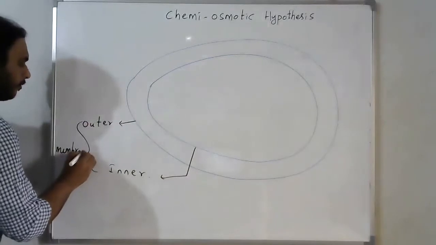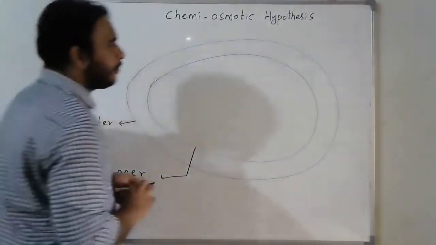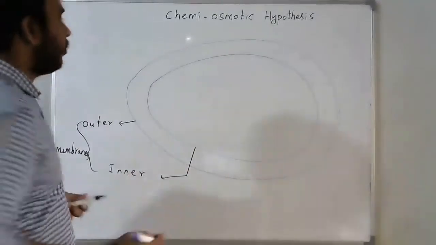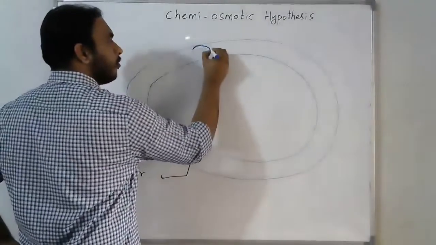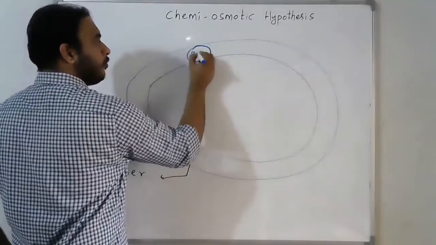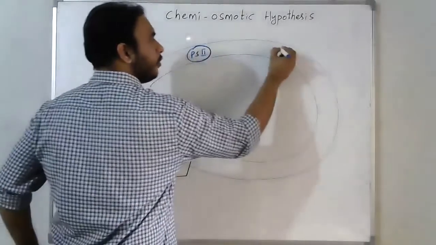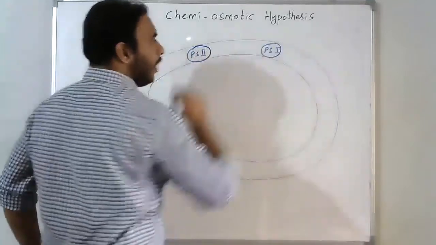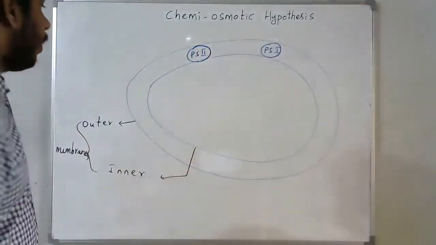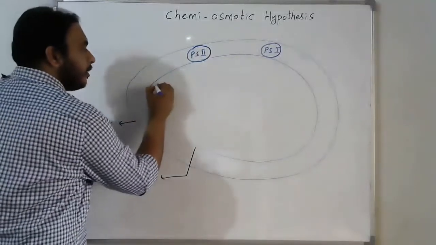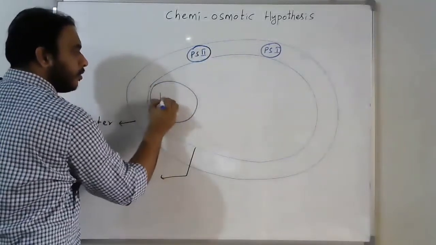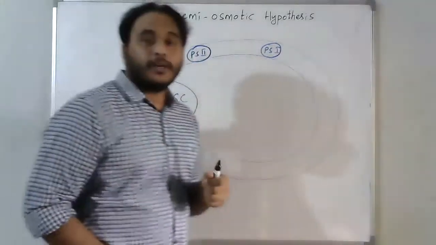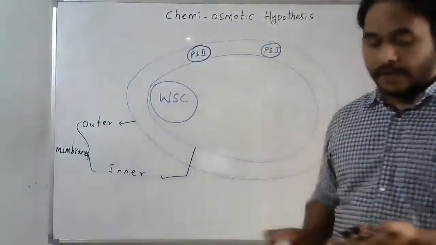And here photosystem 2, and here photosystem 1, and here WSC, that means water splitting complex.